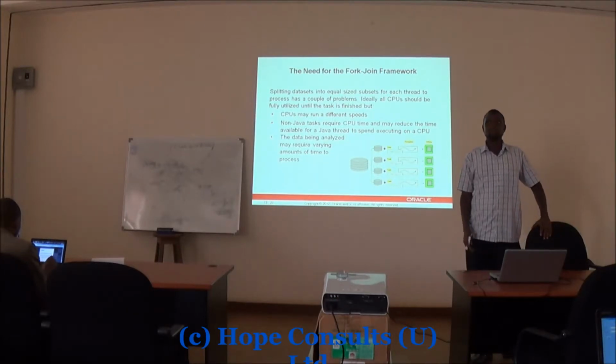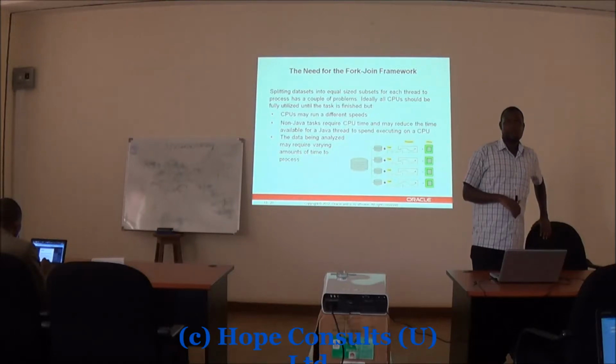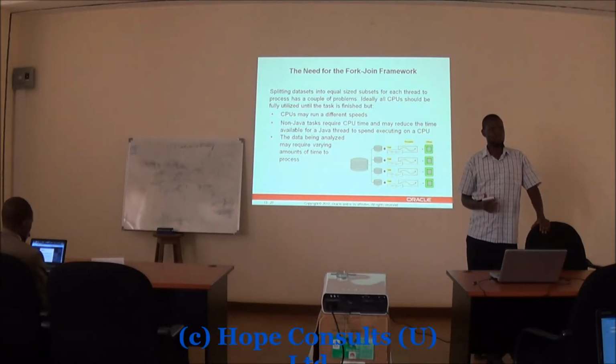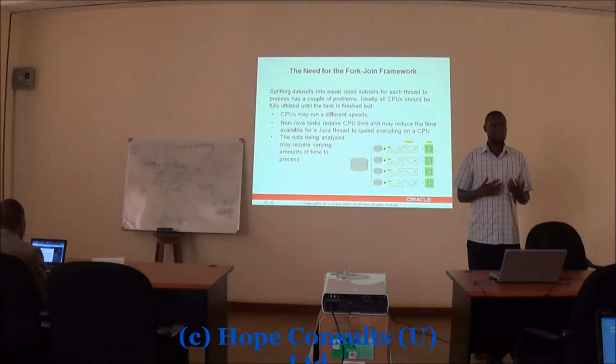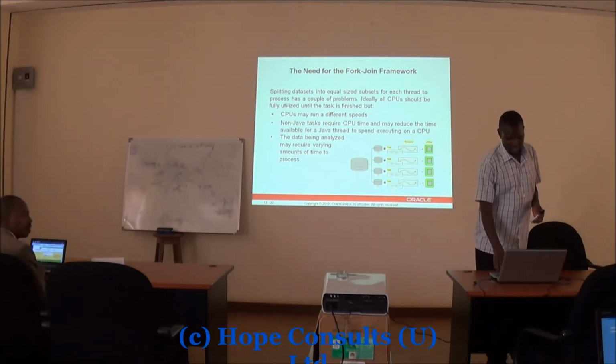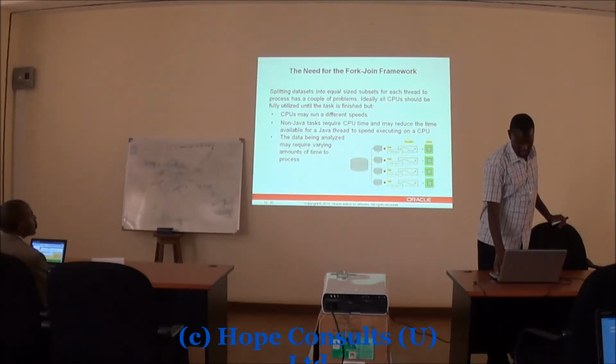The data that you give to a certain CPU may need more time than another, or the data you submit to a certain thread may need less time than another. So you can have those time differences in terms of when they finish. This is very key.